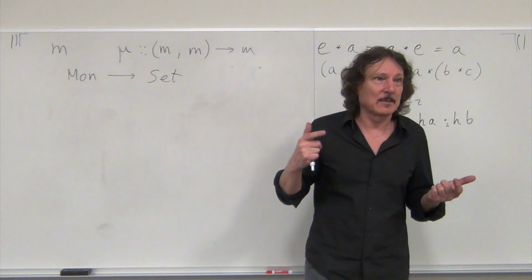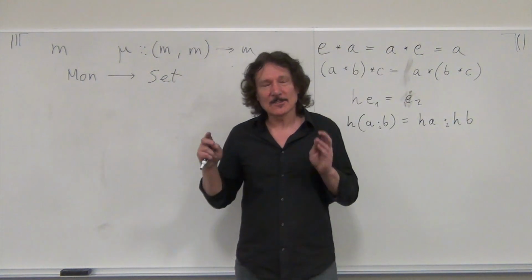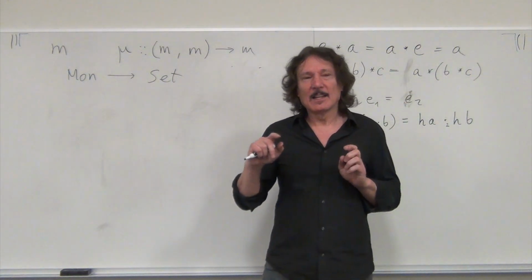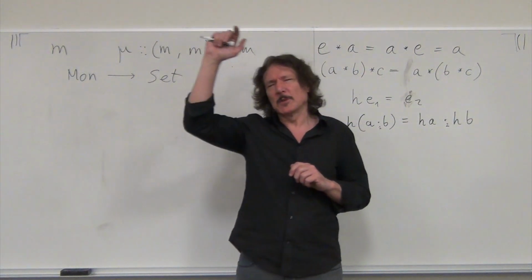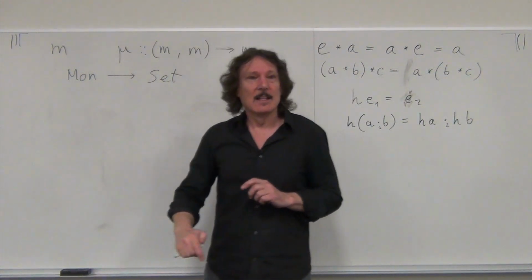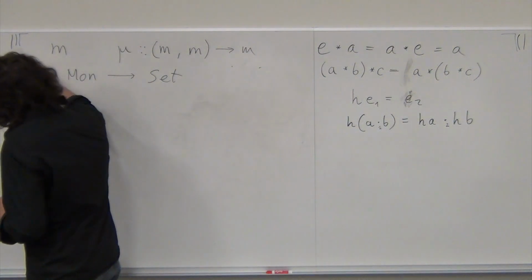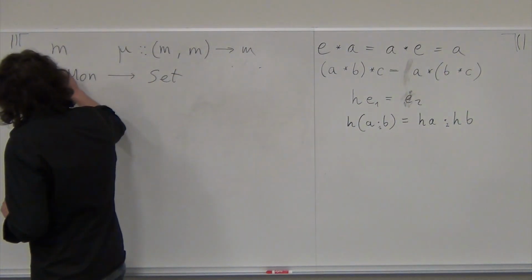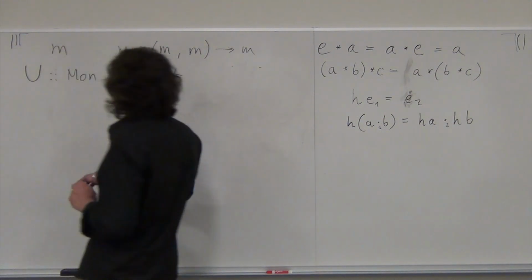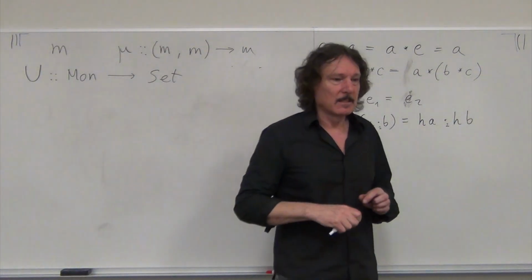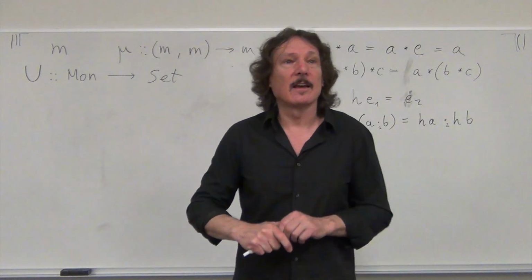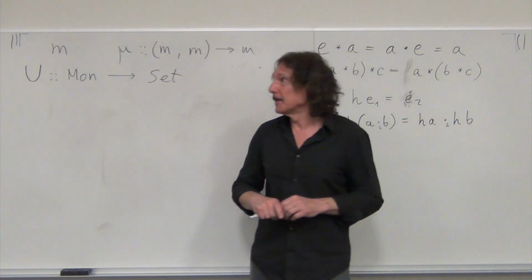We tried to forget about this, and we sort of partially forgot, but now this memory is coming back to us, right? That there is an underlying set, okay? So there is a functor, U, from Mon to Set, that assigns an underlying set to every monoid.